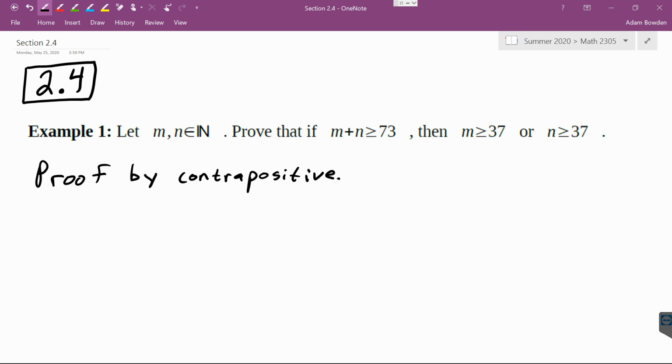To do proof by contrapositive, I have to write this statement in its contrapositive form. We did this at the end of section 2.2.